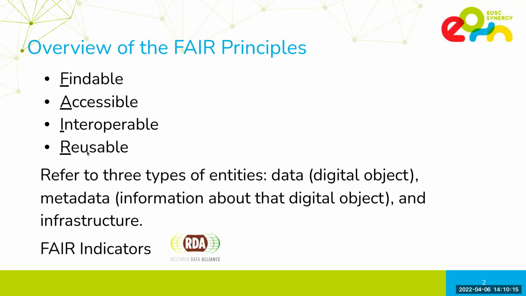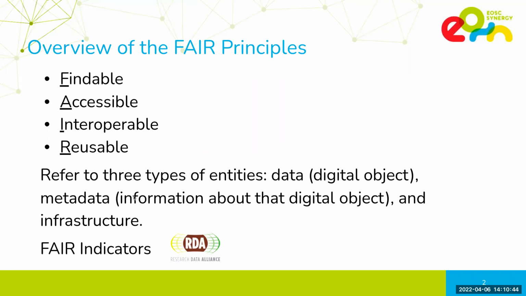To check that a digital object adopts these principles, we can check three big groups of entities. First of all, the data, the digital object itself. Also the metadata, which we can describe as the information about that digital object, the description, the different information that allows us to understand what the digital object is.